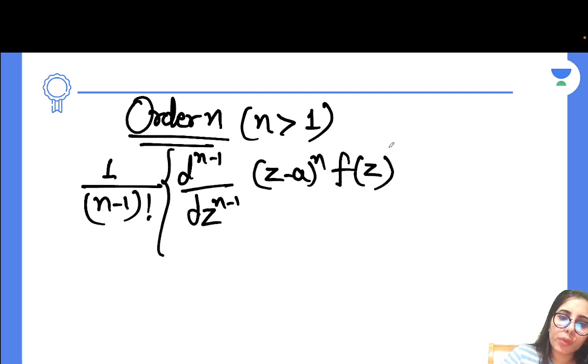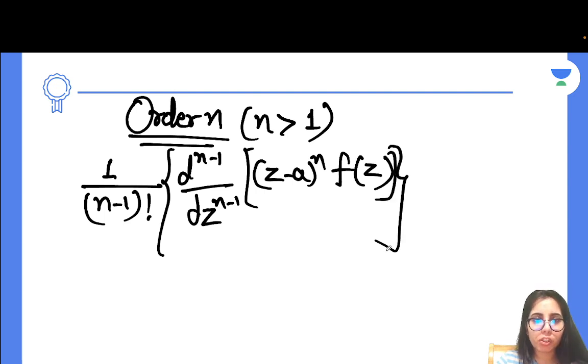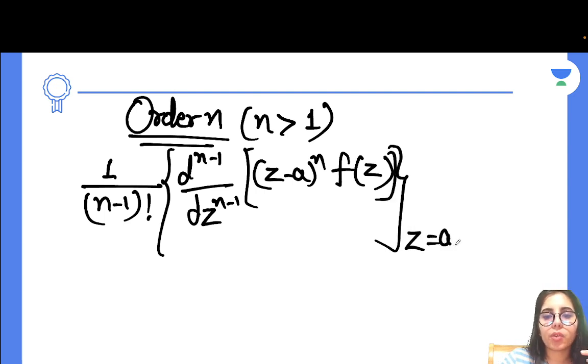What you will have to do is simplify this, then do the differentiation, and then plug in z is equal to a. This is only applicable for an order n pole where n is greater than 1. Okay, you have to memorize the formula. You need to keep them in mind, and that will be easy for you to do when you work on the questions by using these formulae too. So it will be helping you as well.